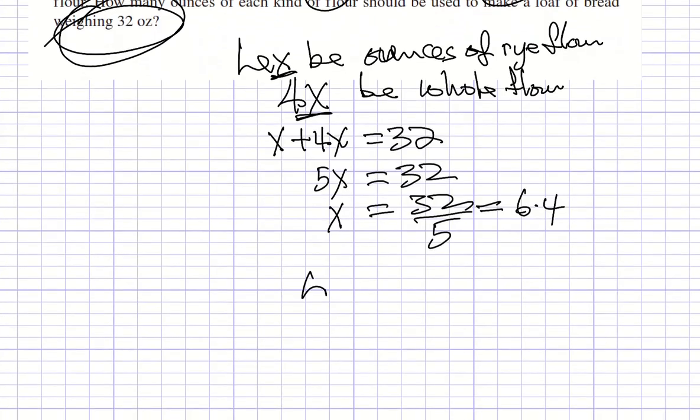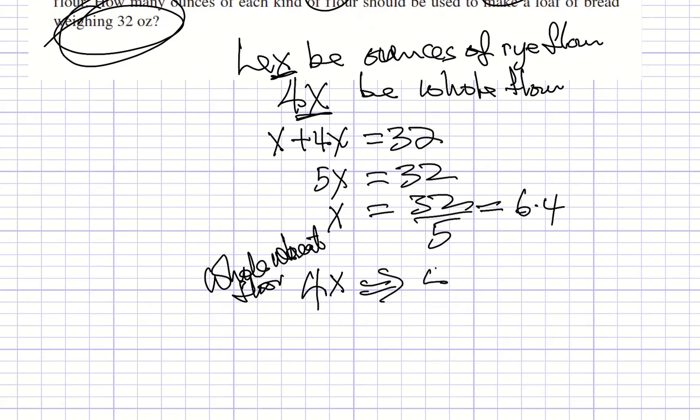So that means for the whole wheat flour, it will be 4x, which means the same thing as 4 times 6.4. That will give you 25.6, okay?